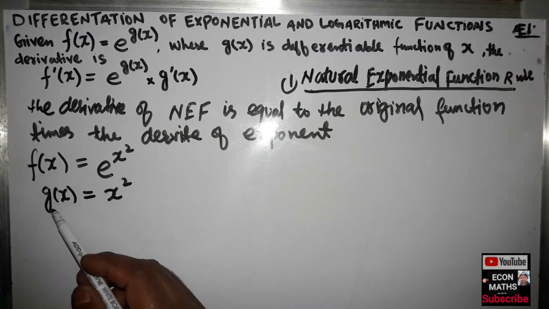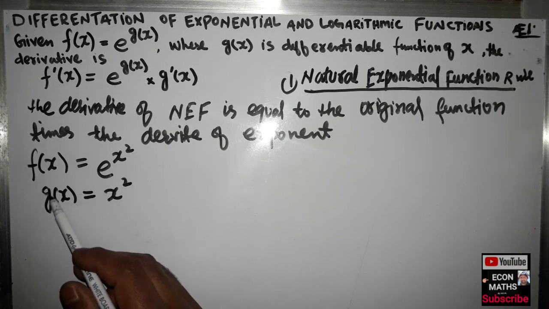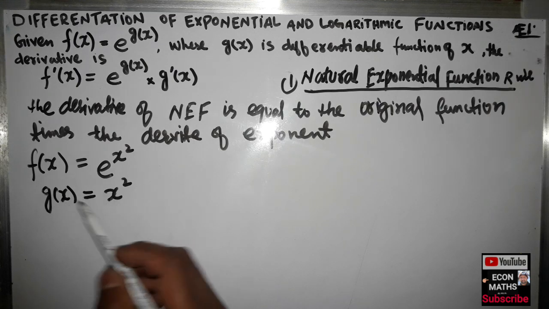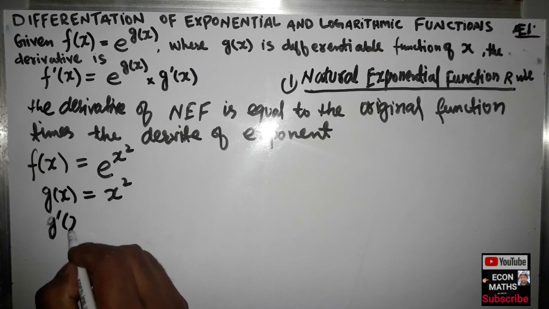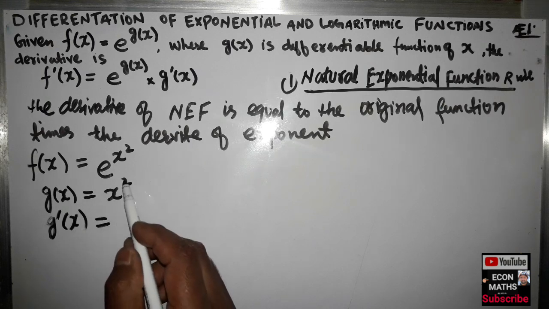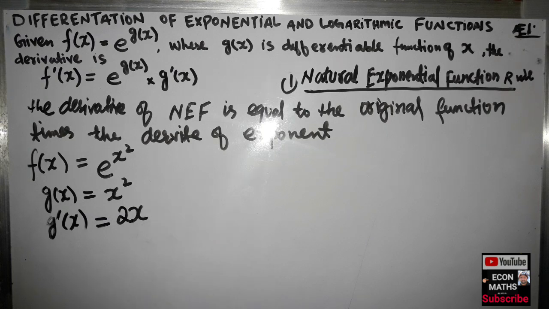So in place of x square, we have written g of x. Now the derivative of g of x is g dash x. The derivative of x square is 2x. Clear?